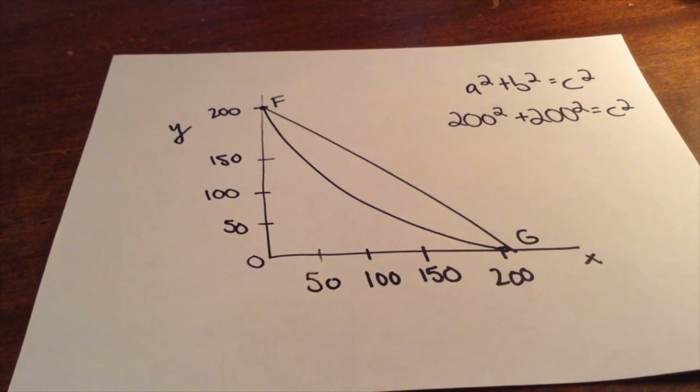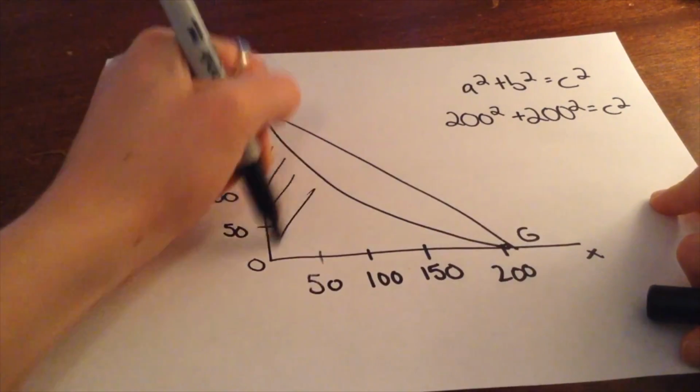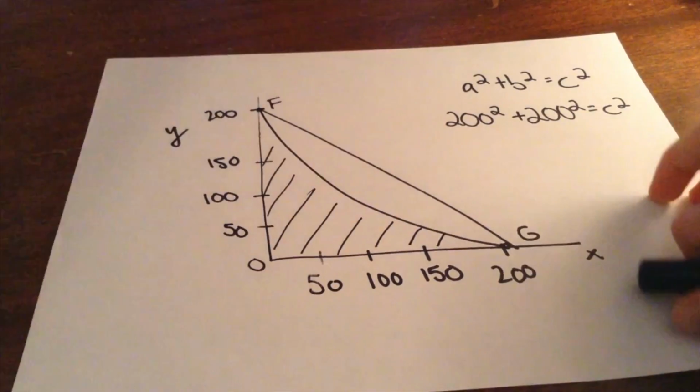Okay, so problem number 34. Tran wants to approximate the area underneath the curve y equals 0.005 x squared minus 2x plus 200 for 0 is less than or equal to x is less than or equal to 200, shown shaded in the graph below. So the area under the curve would be this region right here.